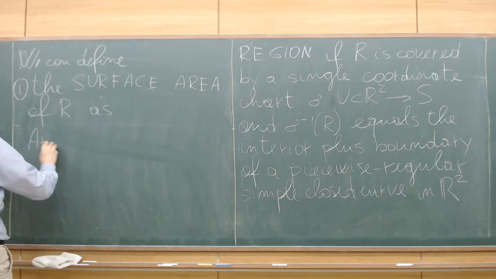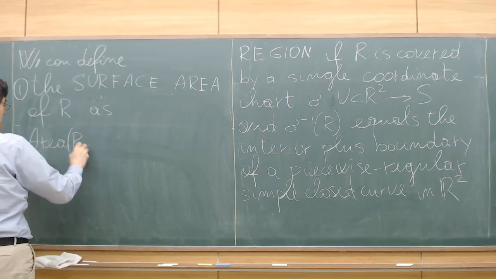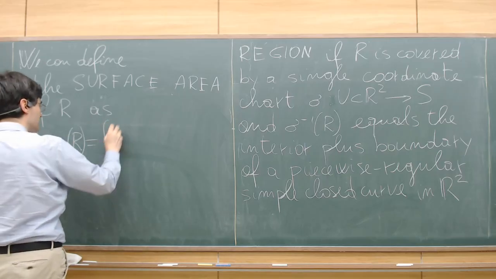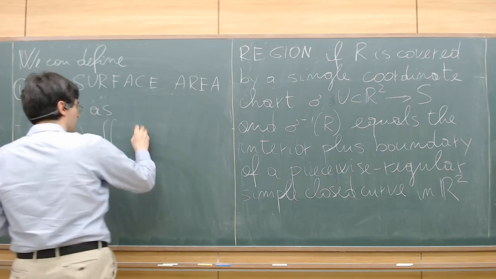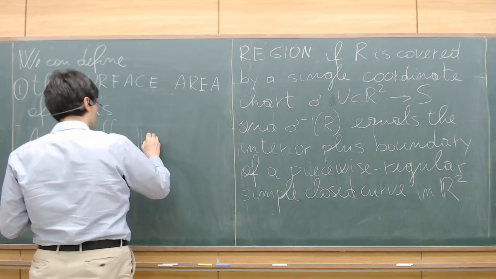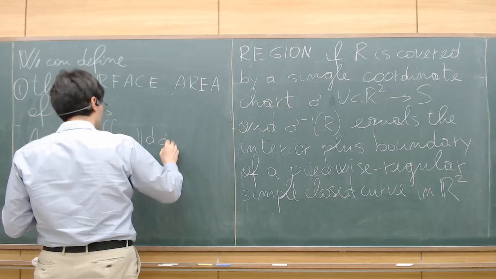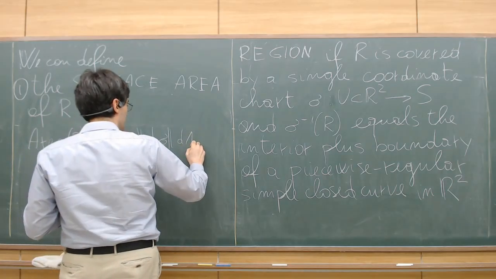The area of R is given by the double integral over sigma inverse of R of the area distortion of d sigma dA.